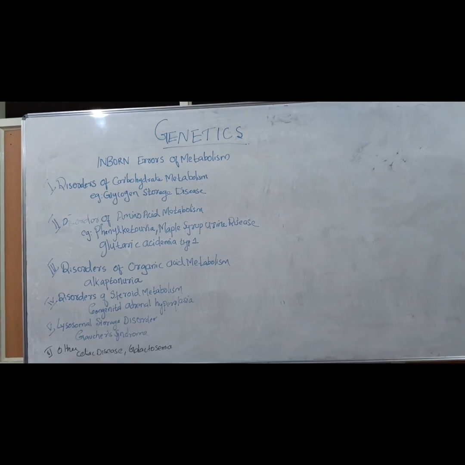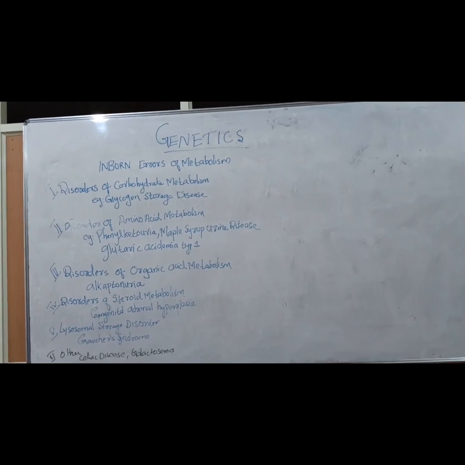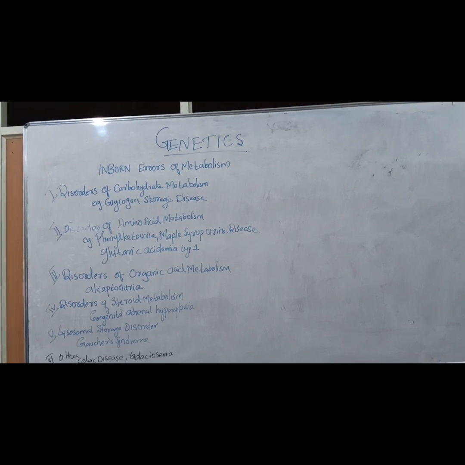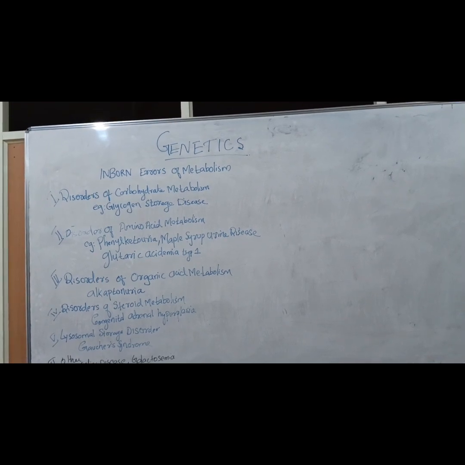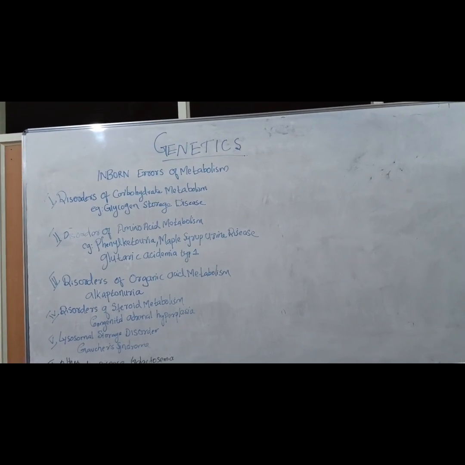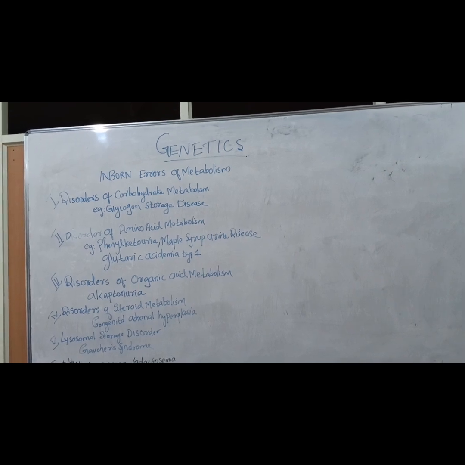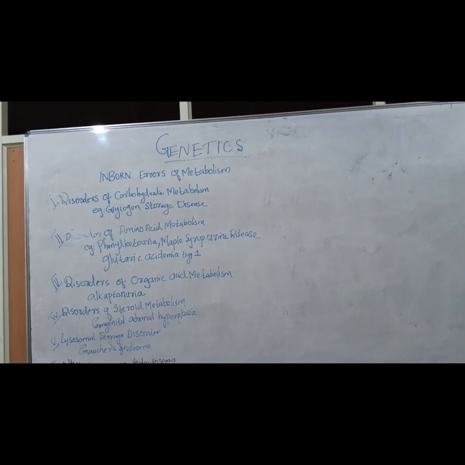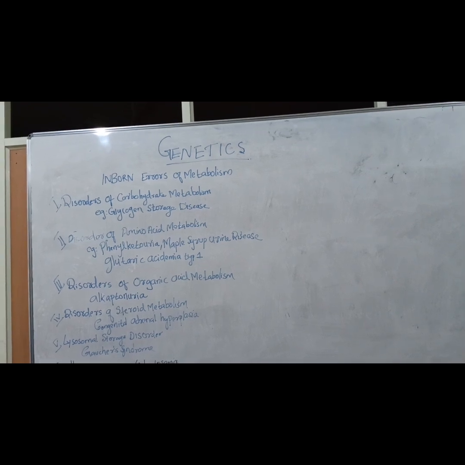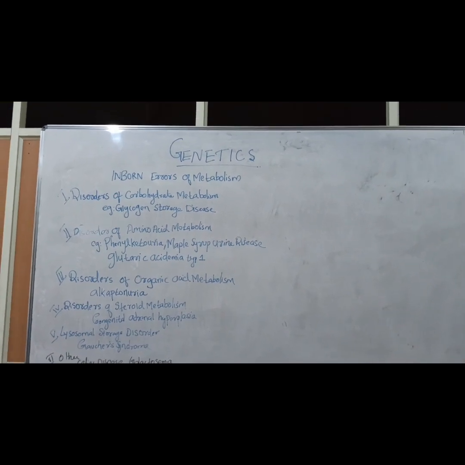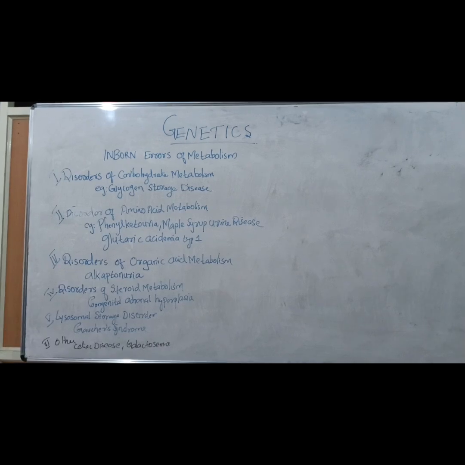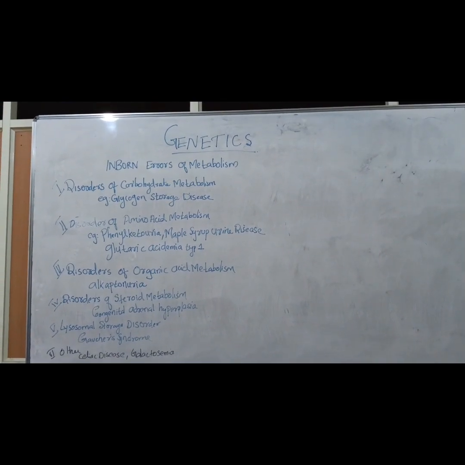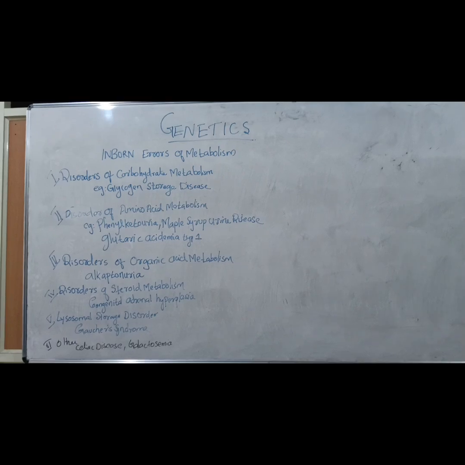Celiac disease is an immune reaction when we take food containing gluten, for example wheat, barley and so on. And galactosemia is due to the inability of the individual to metabolize the sugar known as galactose.